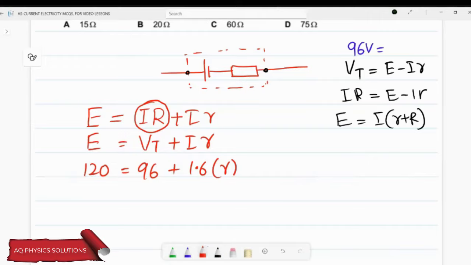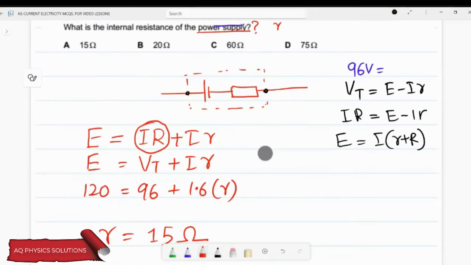So you can calculate r as (120 minus 96) divided by 1.6, so you would get 15 ohm. So the internal resistance of the battery is 15 ohm.